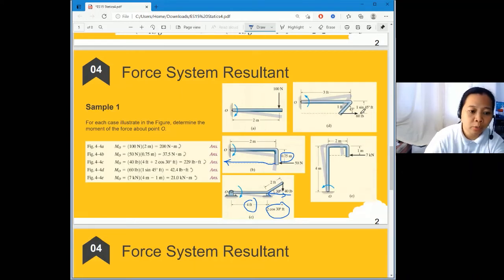So you will get 42.43 pound per foot, because the arm is the perpendicular distance.